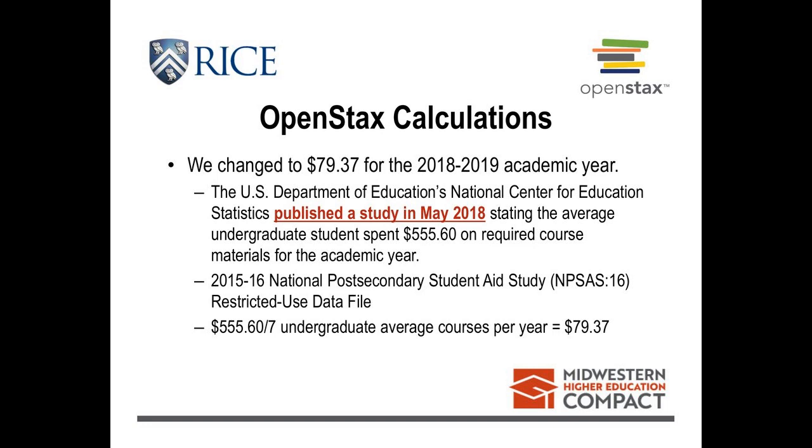Having our own unique number was a bit of a challenge, in that people would say, especially in an institutional partner program, well, if you use OpenStax's calculation, it's this, and if you use this calculation, it's this. We saw a lot of that going back and forth. And I see Sarah's question, was it $98.57 per student per course? Yes, it was per student per course.